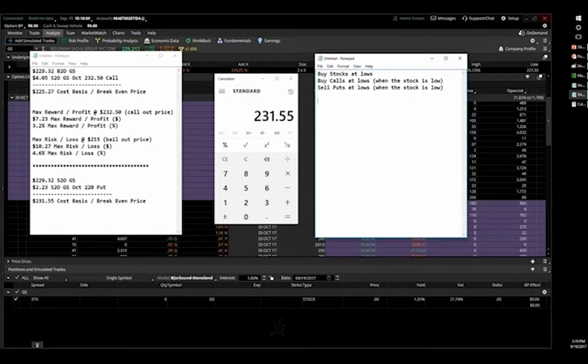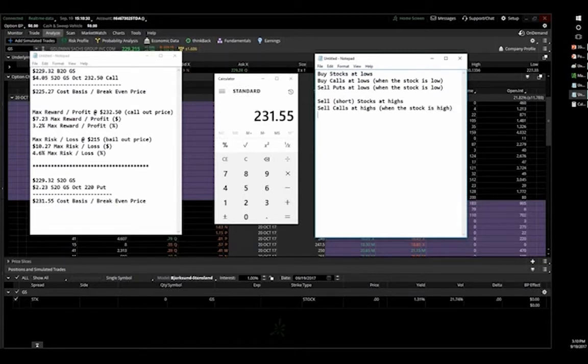What about shorting stocks or selling stocks? At highs. You might want to take notes on this, by the way. We also like to sell calls at highs, and that's when the stock is high, right?